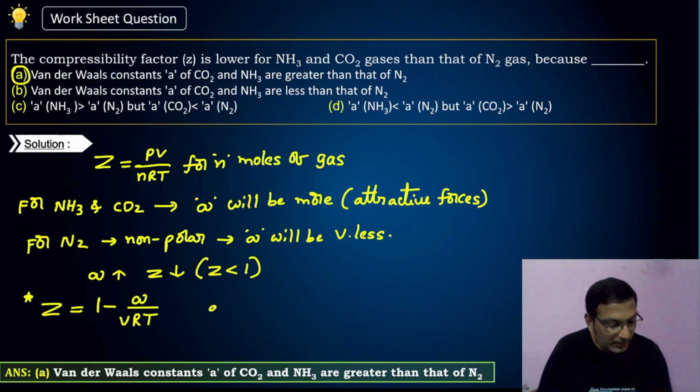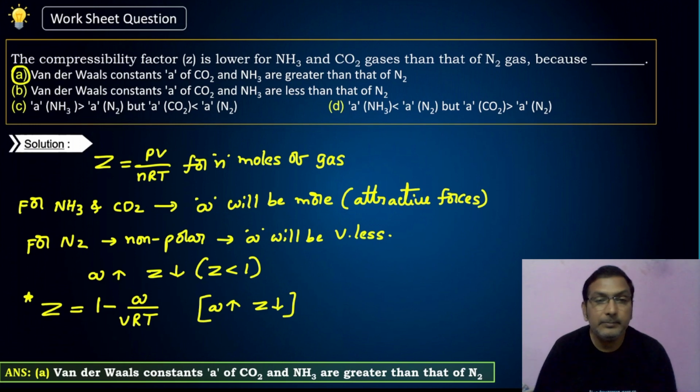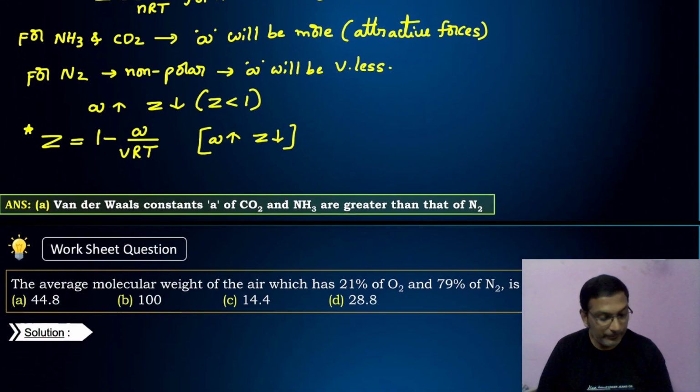So as the value of A increases, Z decreases. So compressibility factor Z is lower for NH3 and CO2 when compared to N2. So due to increase of attractive forces, that means increase of A value. So option A. Next question.